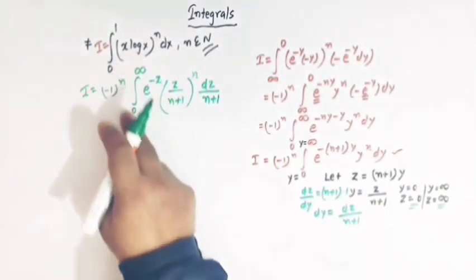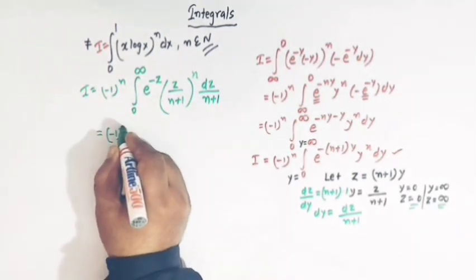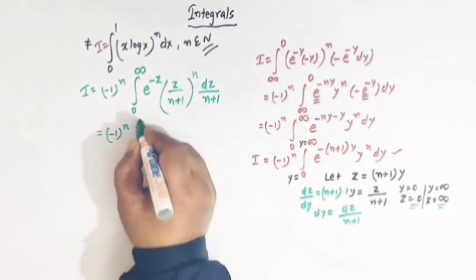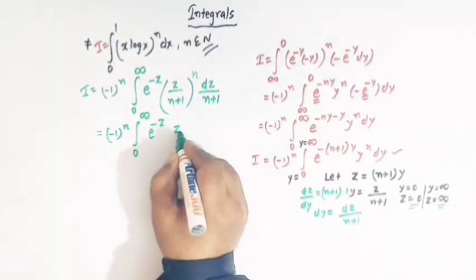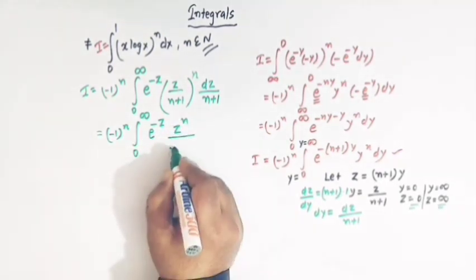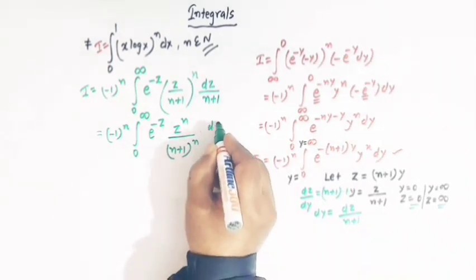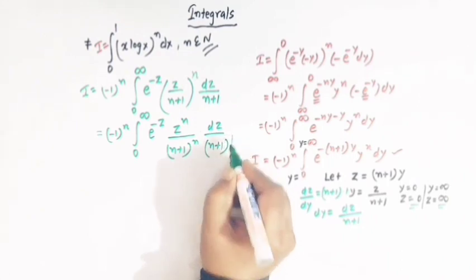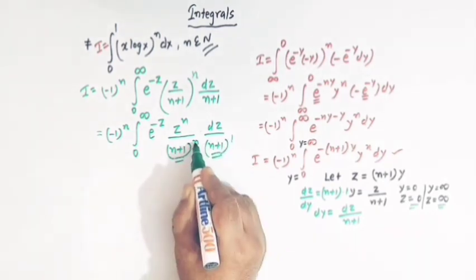So now we have this integral. Let us simplify it. So we have minus 1 raised to n, and here 0 to infinity, e raised to minus z, z raised to n, n plus 1 raised to n, dz, and here n plus 1 raised to 1, right? Now see, here the bases are the same, so we can add the exponents.